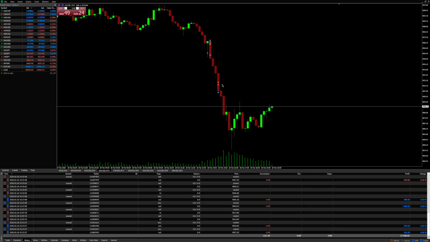The whole complete range was 132 or 135 pips. So out of 132 pips, we captured only 15 pips, and within those 15 pips we covered our whole complete losses, came back into positive, and also passed our profit target. We just needed some pips. That's what trading is all about.